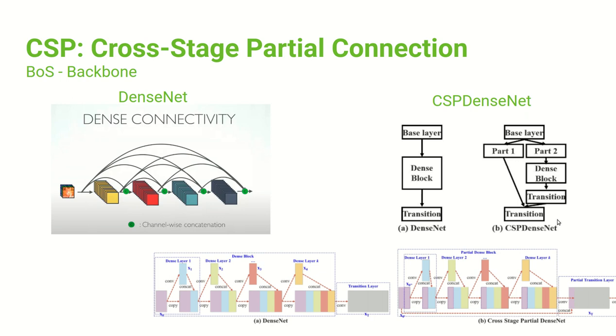And if we see the diagram on the right-hand side here, the base layer is separated into two parts. One part will go into the original dense block, and the other part will directly skip to the transition part.